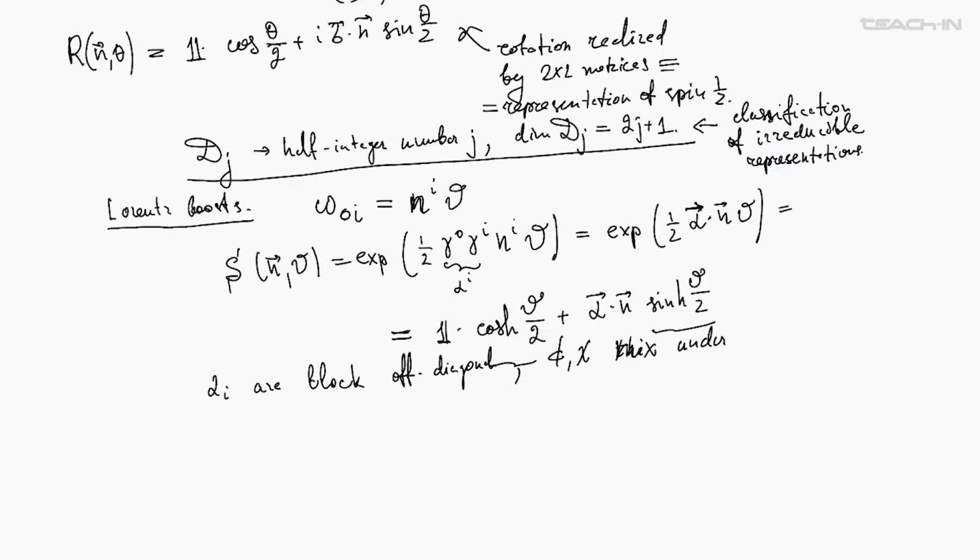You see, they mix under Lorentz boosts because, explicitly, the matrices alpha I, recall, are given by sigma I 0. So they are exactly off diagonal.